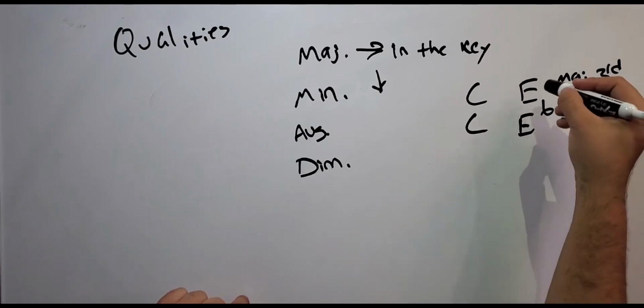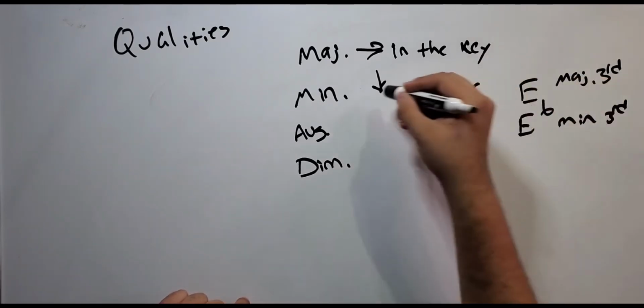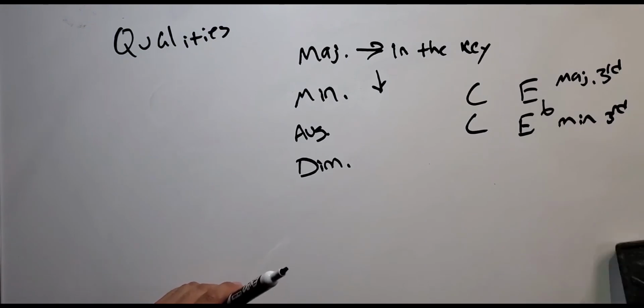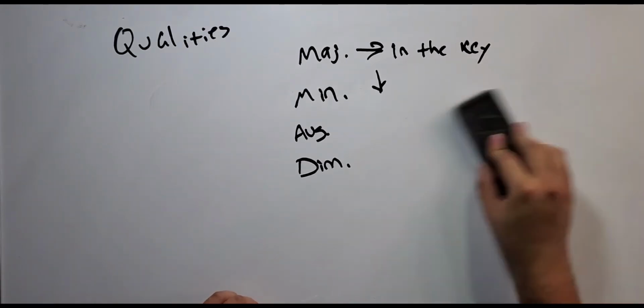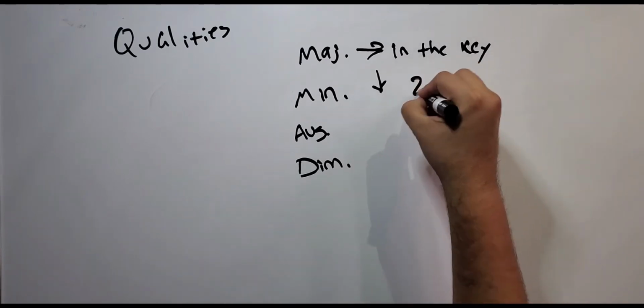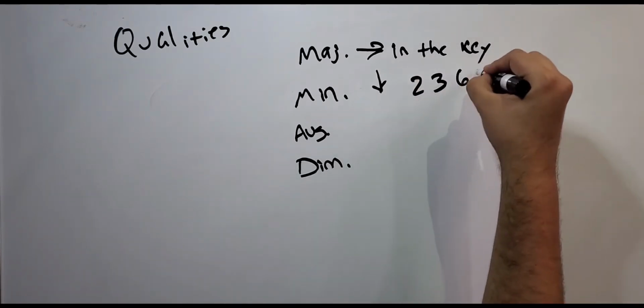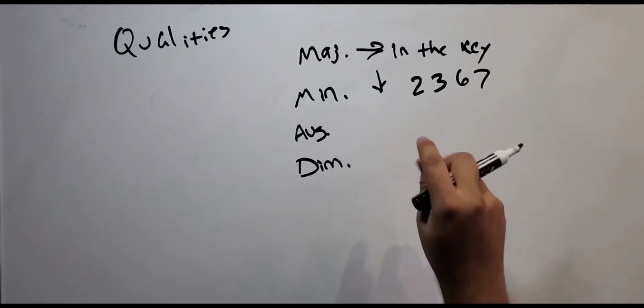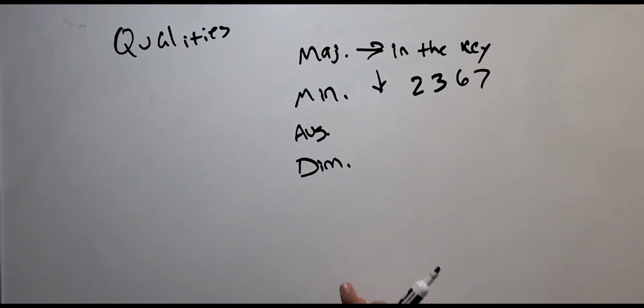We lowered the major third down a half step. Okay? And minor, lowering one half step, applies to only our intervals of 2, 3, 6, and 7. Not the perfects. The perfects go diminished, but we'll get there in a bit.